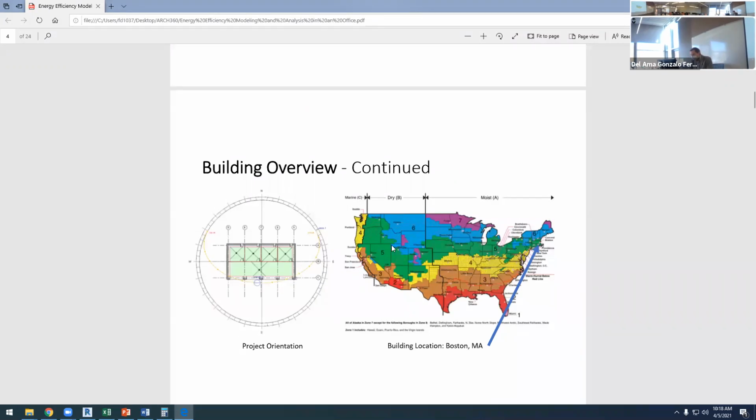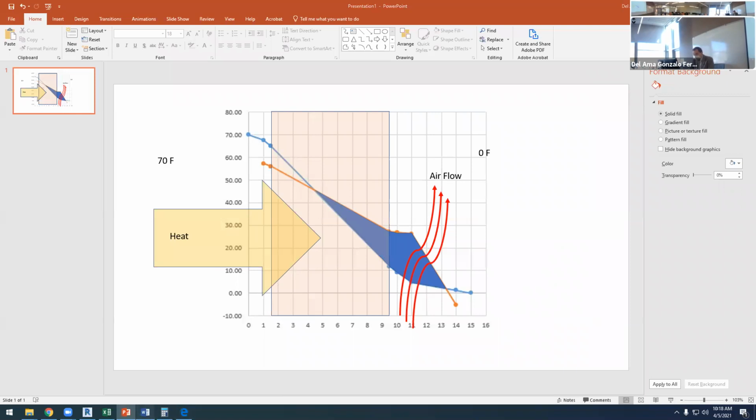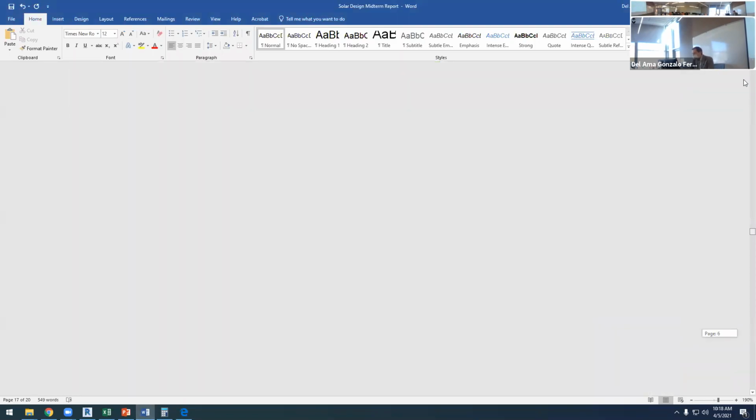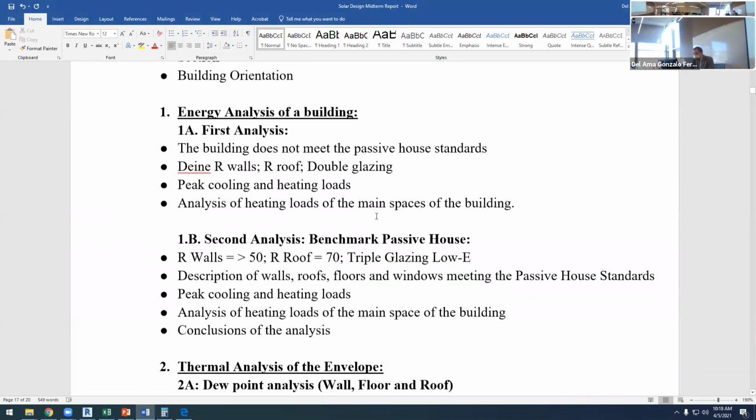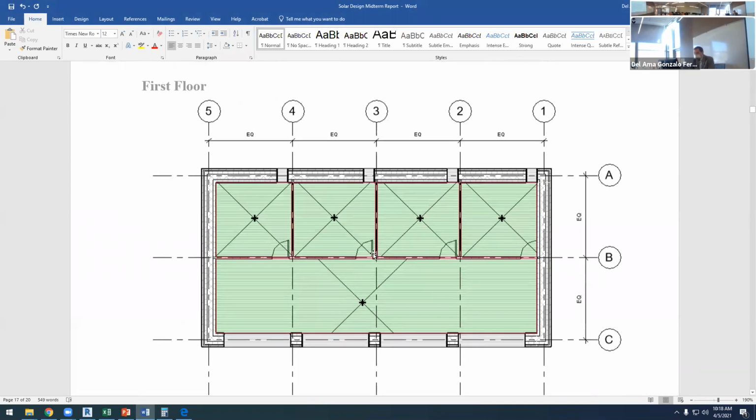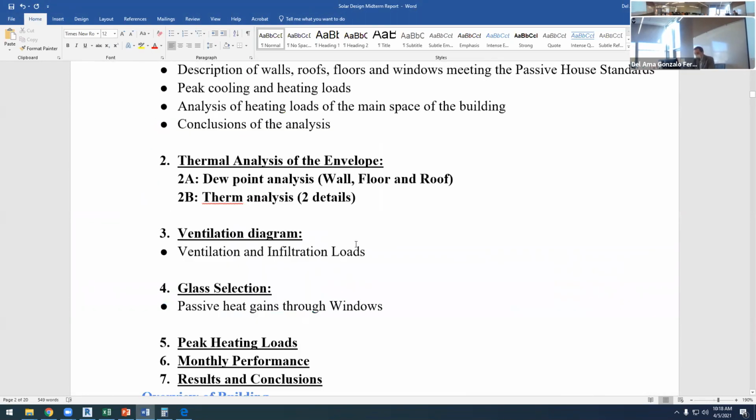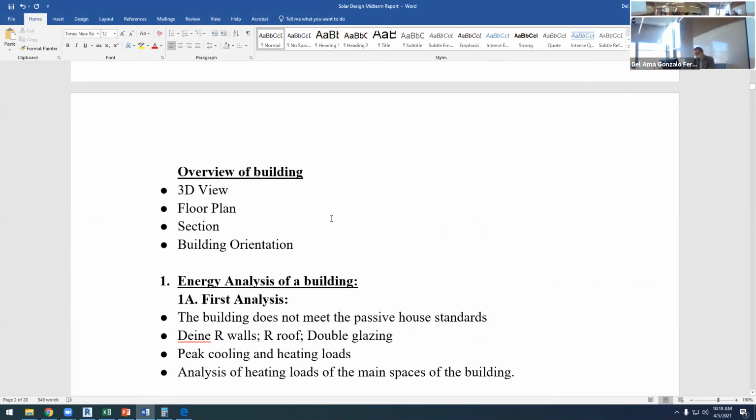Well, I like this because here you have a map and you showed me the location. That's important because in this case, the first thing you have to tell me here is where the building is located. I don't know.